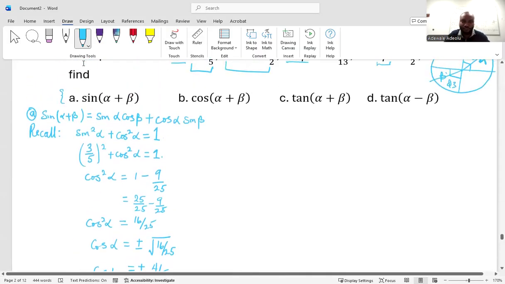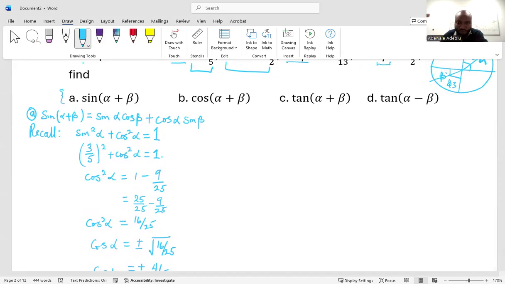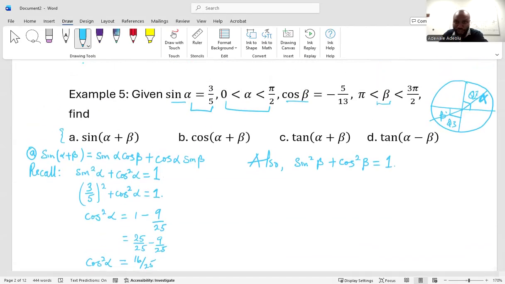I also need to do the same thing for beta. Also, sine squared of beta plus cosine squared of beta is 1. I do know that cosine of beta is negative 5 over 13, so I need to square that. Now sine squared of beta is 1 minus 5 over 13 squared.